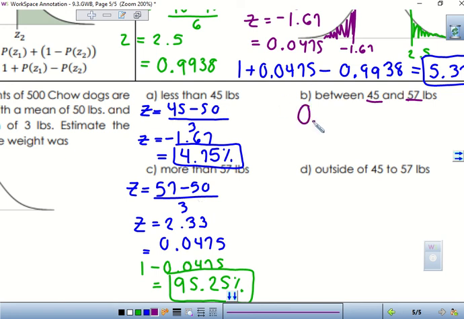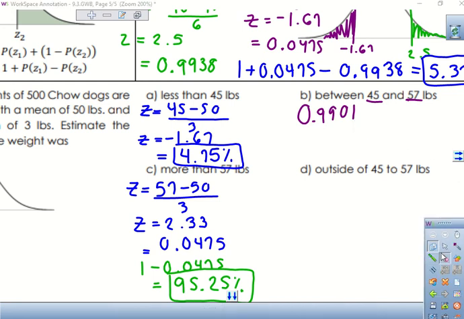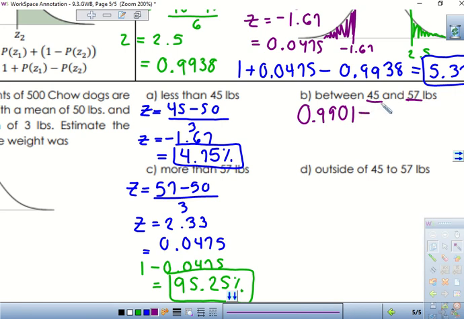0.9901. Wait, was that? That wasn't it. I'm trying to read it with one hand, so I can't use my finger. Oh, I was right. Okay. Sorry. Minus the smaller one, which is going to be, so 45 came out to be negative 1.67.